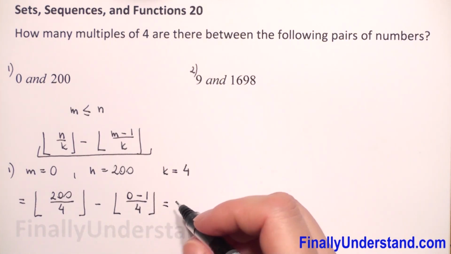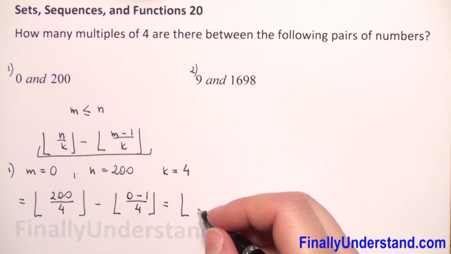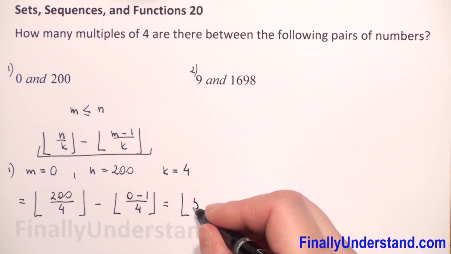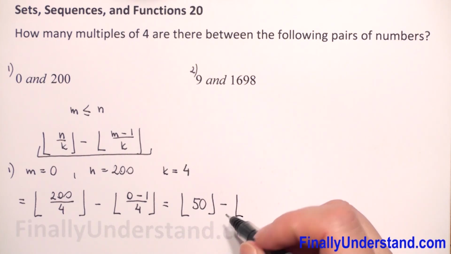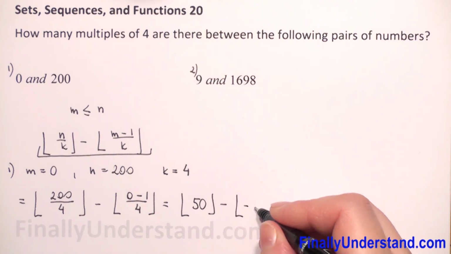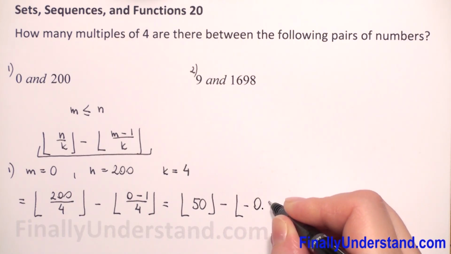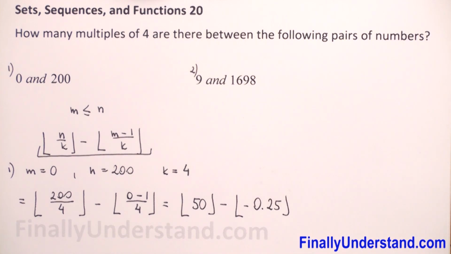So this is equal floor of 200 divided by 4 is 50, and we have minus floor of negative 1 over 4 is negative 0.25. So now we have to find floor of these numbers.